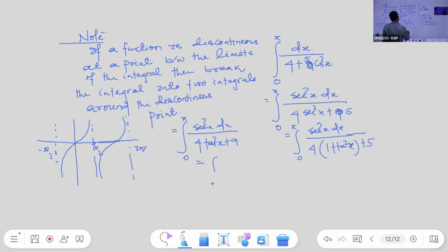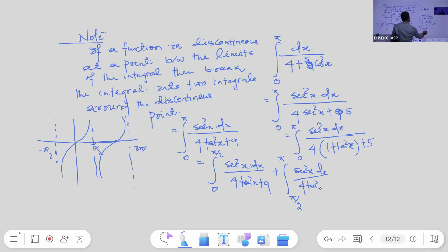So one of the integrals will be 0 to pi over 2 secant square x dx upon 4 tan square x plus 9, plus the integral pi over 2 to pi secant square x dx upon 4 tan square x plus 9. Okay. So guys, quickly note it down.